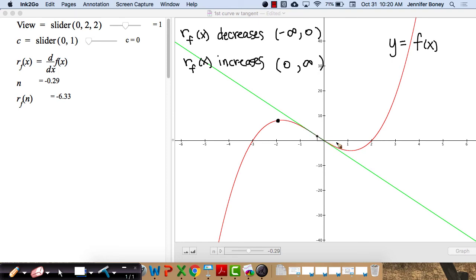Or between 0 and 2, it hits this negative patch, or my rate is negative, meaning the overall function's decreasing. So make sure when you're looking at a graph, you understand, is this a graph of a rate of change of something that I'm supposed to be describing, or is this a graph of accumulation that I'm supposed to be describing? So you'll be given information like that. But it's very important to be able to interpret these sorts of things.